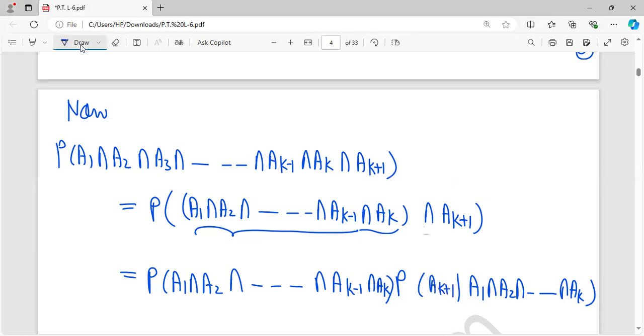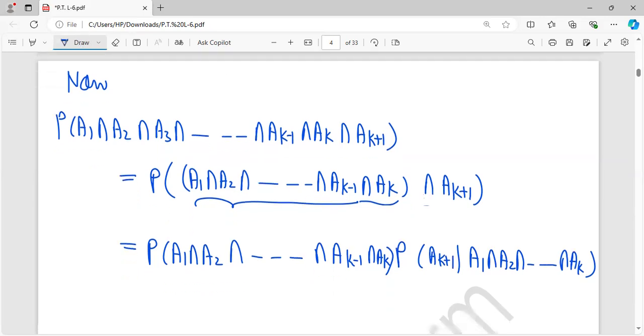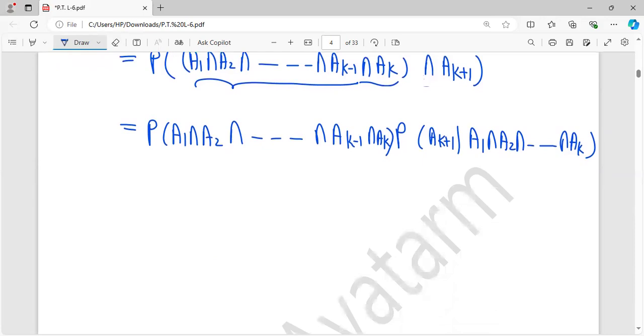Now use equation number 3. Now put the value of equation number 3.